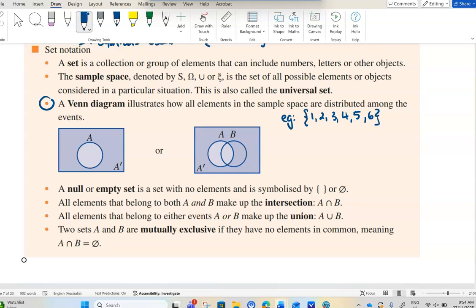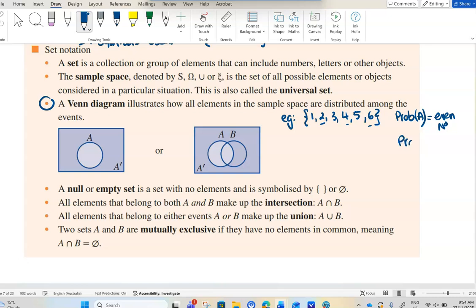If we rolled a dice, we could get a 1, 2, 3, 4, 5, 6. Say the probability of A was getting an even number. Would you agree this would be 2, 4, and 6?